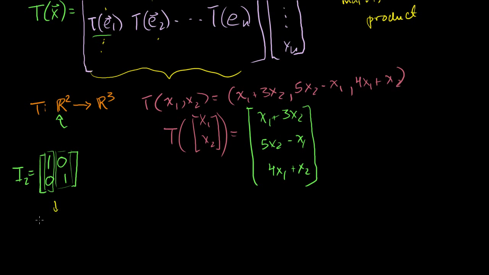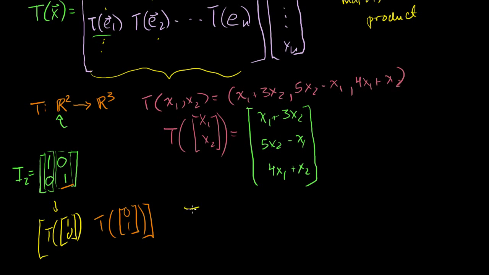I'm going to write it like this: T of the first column, and then the second column is going to be T of 0, 1.